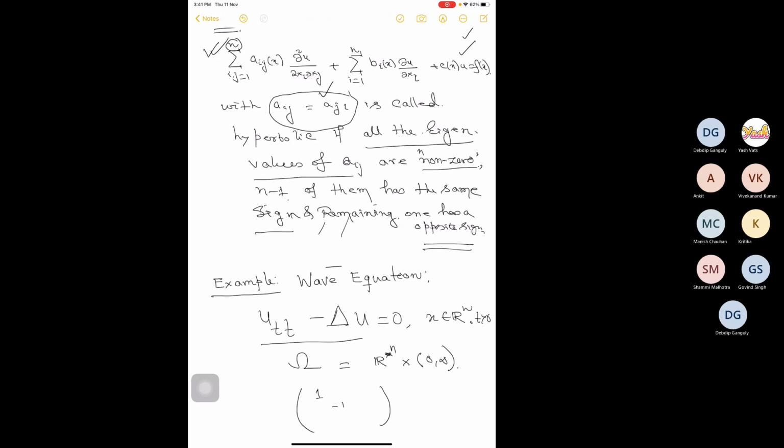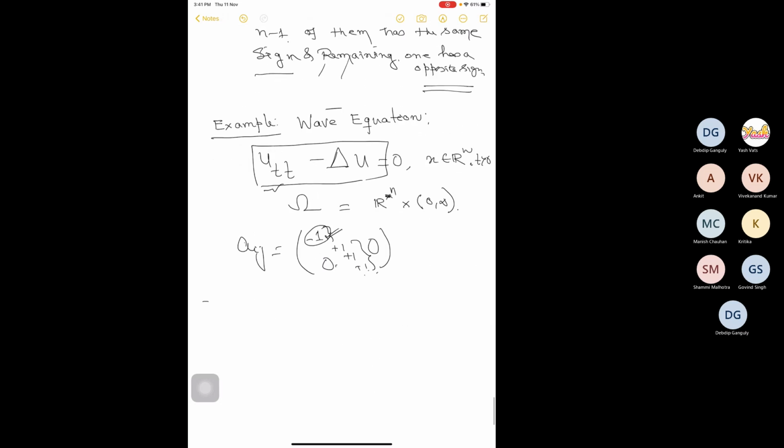This will be 1, or all are minus 1, with 0 elsewhere. So all the eigenvalues are non-zero, n of them have the same sign, the x variables, and only t has the opposite sign, minus 1. So this is the famous wave equation.